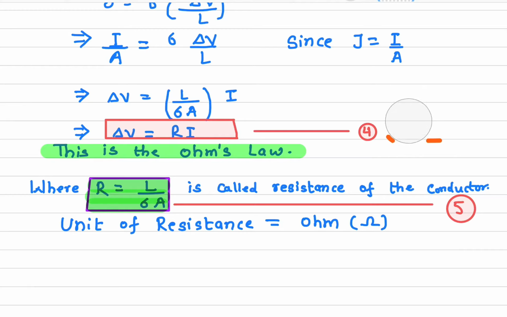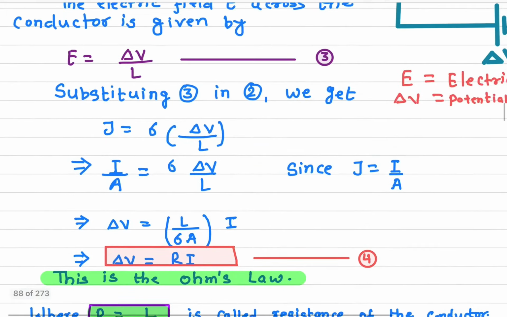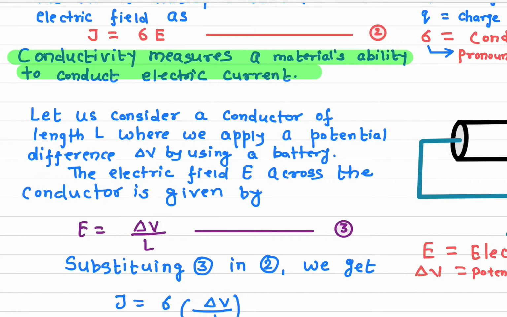My goal here is to introduce the parameters. So this relation that we're familiar with is called Ohm's law. But technically, this is not it. J equals sigma E is in fact the true Ohm's law.